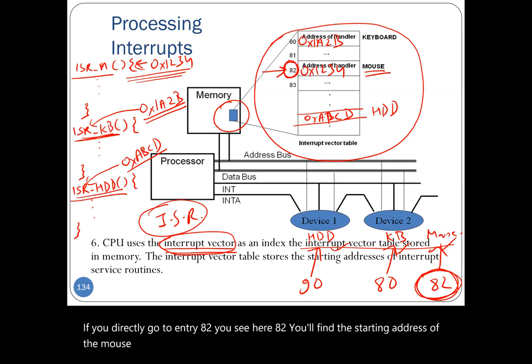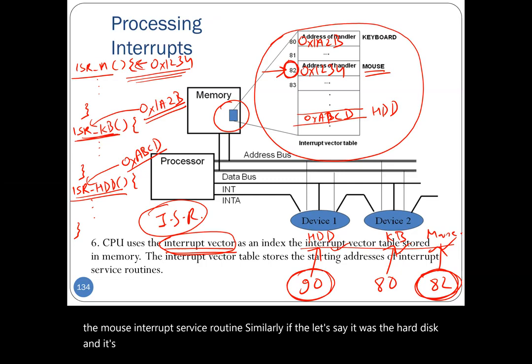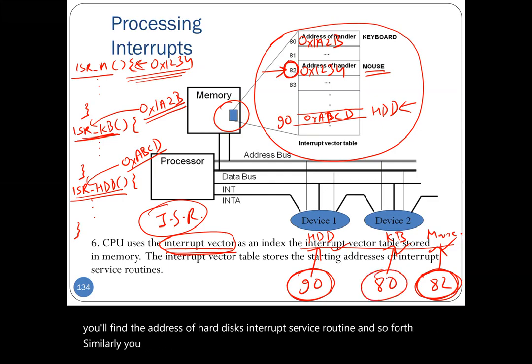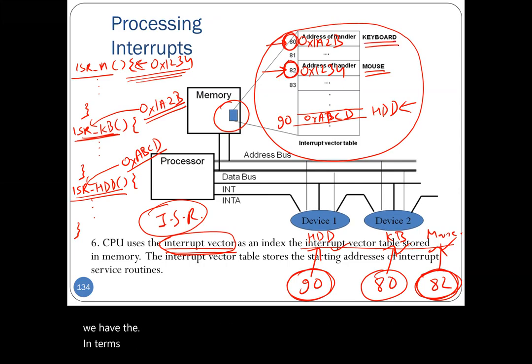Similarly, if it was the hard disk and its interrupt vector is 90, if you directly go to the 90th entry in this table, you'll find the address of the hard disk's interrupt service routine, and so forth. Similarly, the keyboard has an interrupt vector of 80, so at entry number 80 we have the interrupt service routine for the keyboard.